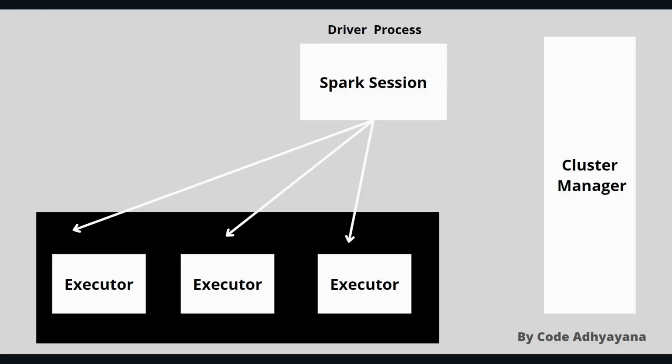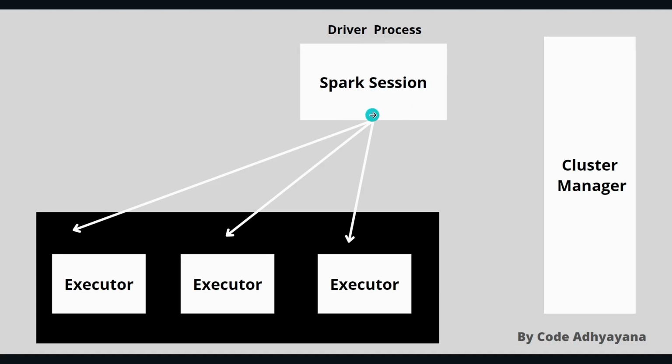There are 3 major components as part of this framework: driver process, executor process, and cluster manager. Now you remember the previous demos where we always create a Spark session and then proceed with other tasks. So the code we write will be here. It will interact with the Spark session.